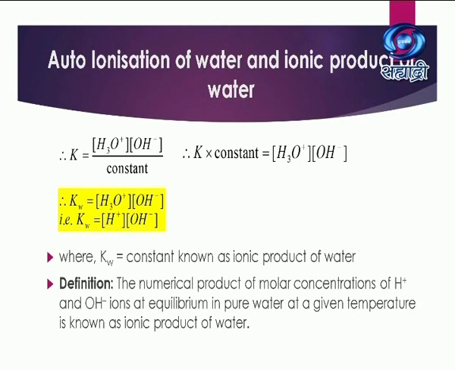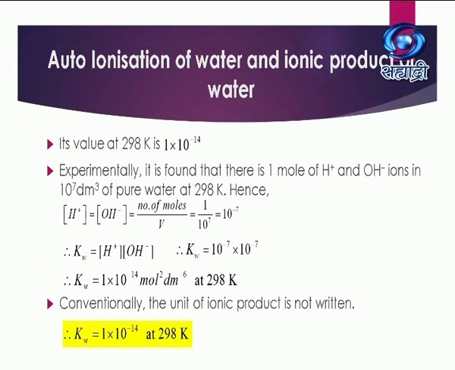So these are molar concentrations of H plus and OH minus ions. These are equilibrium concentrations, their numerical product, at a particular temperature. So this is called Kw or the ionic product of water. Now its value at 298 Kelvin is 10 to the power minus 14.